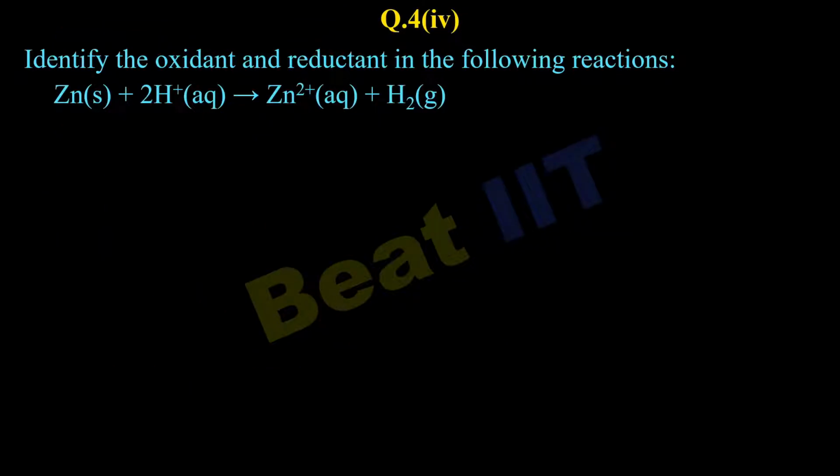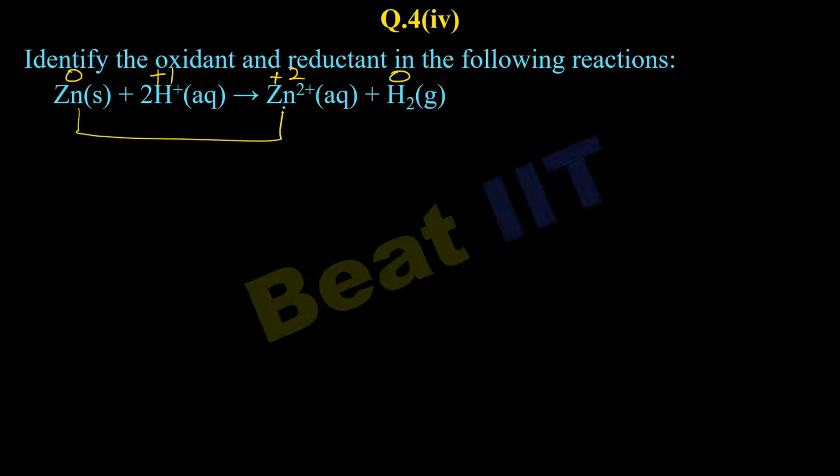Identify the oxidant and reductant in the following reaction. Calculate the oxidation states. Zinc in its standard form 0. Hydrogen monoatomic ion, whatever is the charge, that is the oxidation state, +1. Monoatomic ion here also, +2 is the oxidation state. Hydrogen in its standard form 0.